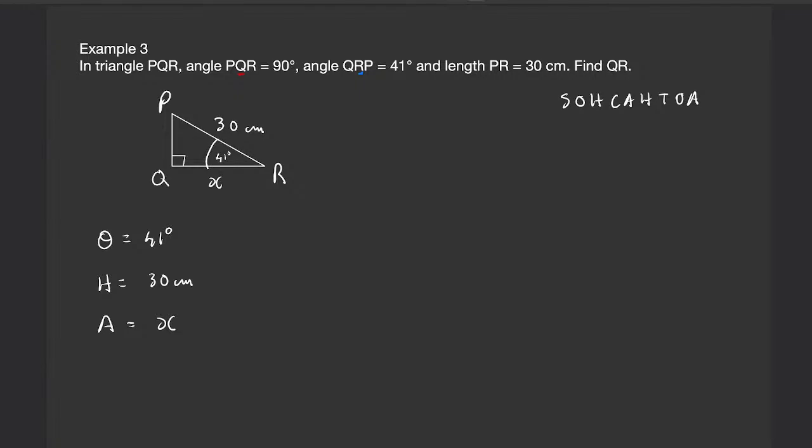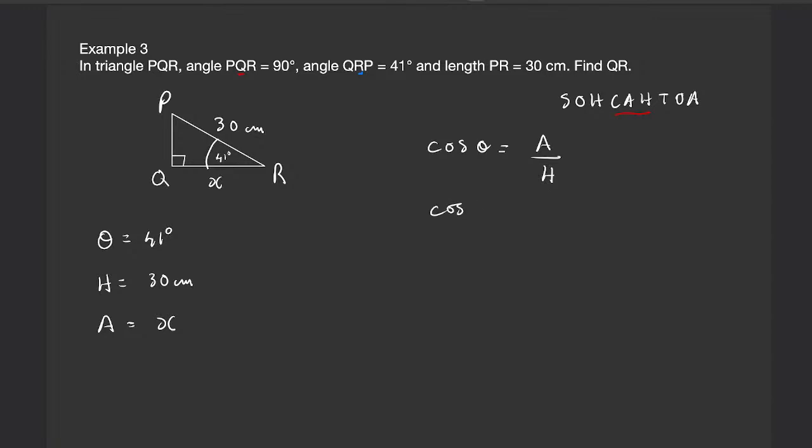We've done that before. I know that I'll be using cos. Why? Because I need to know my adjacent and I have my hypotenuse. So we say cos theta is equal to the adjacent over the hypotenuse.